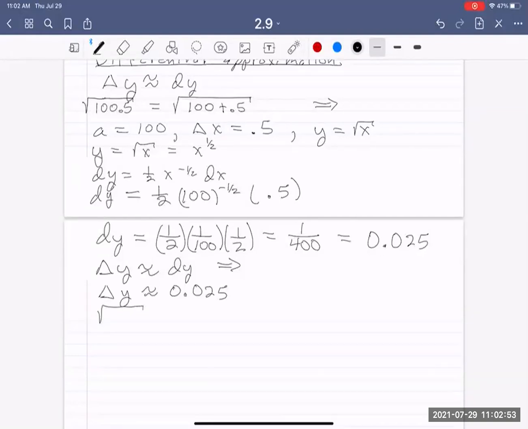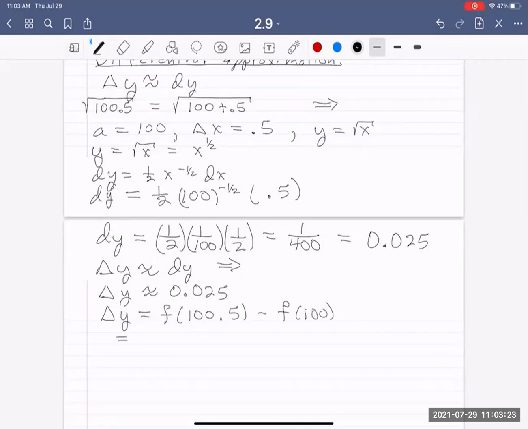And so the change in y is equal to y at 100.5 minus f at 100.